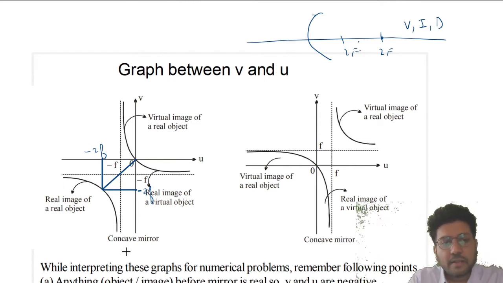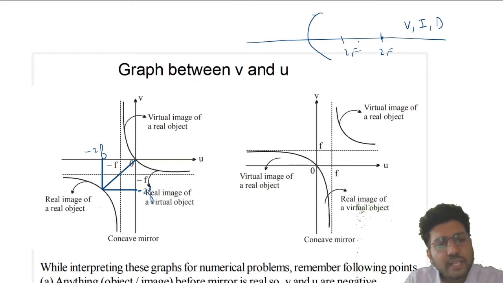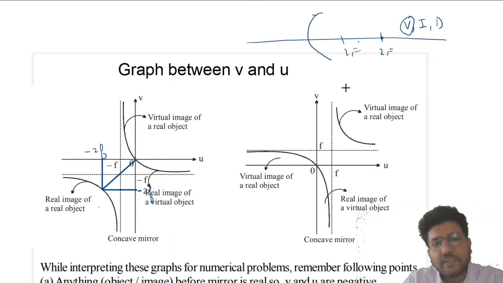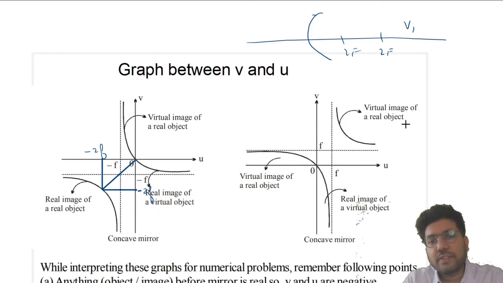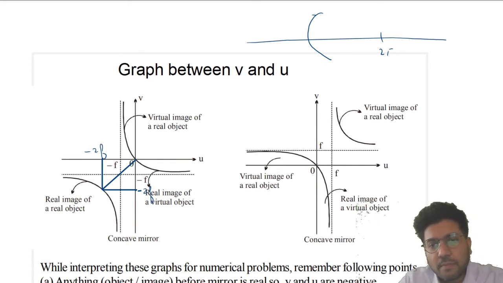But the only difference is, whenever the image here was real, here the image is virtual. Virtual image means positive, that is why it is up. The same graph is upside. So this is the virtual image of a real object. Again here also, from the origin, that means from the pole, when the object distance is 2f, the image distance is also 2f.